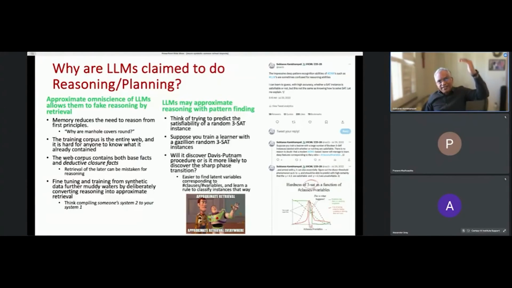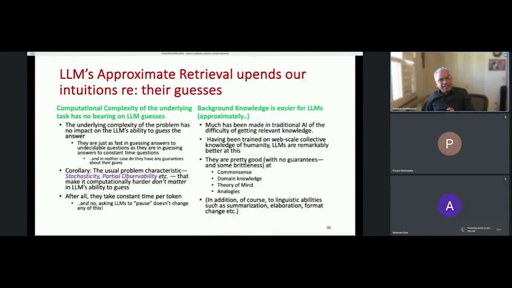And in fact, if you had a System 2 which actually solved those problems and then compiled it into System 1 and you retrieved it, you get the credit. But here, you are being given the solved problems from outside, and that can be confused for reasoning abilities. In general, LLMs' approximate retrieval upends our intuitions about what is reasoning versus retrieval.